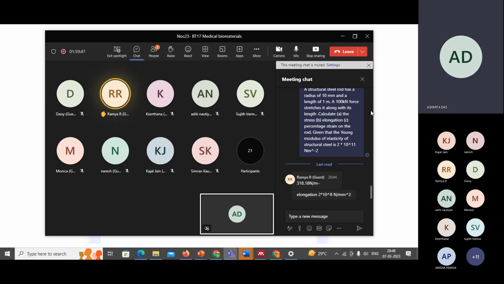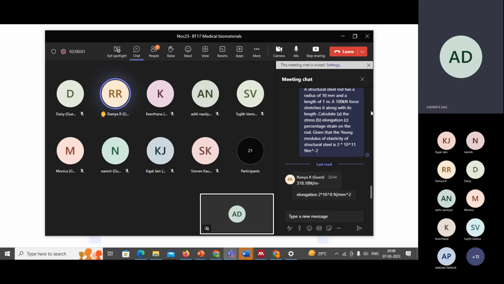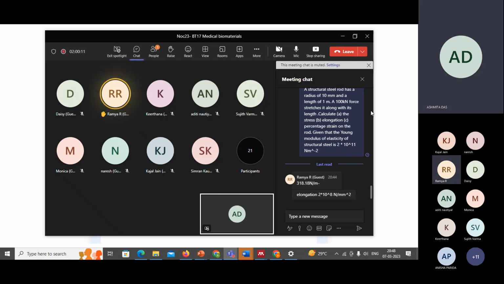I actually converted that into millimeter square, so I didn't convert the stress into meter square. Okay, please convert everything into meter square and recalculate, because your calculation for stress is correct, but your elongation is not correct.